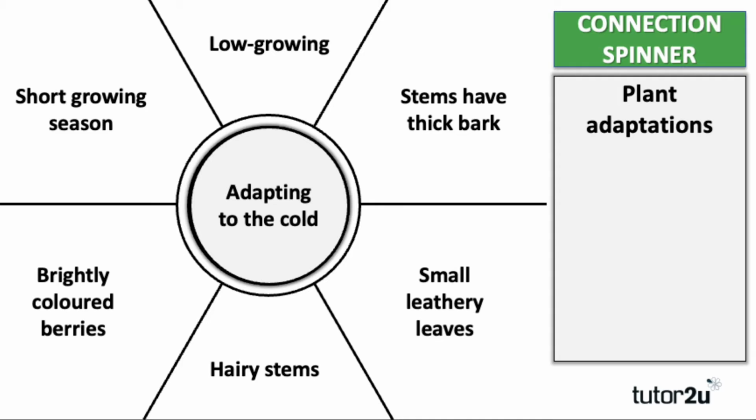What we want to do is send off the spinner. Where it stops, you're going to need to think about how that feature helps the plant adapt to the conditions in the tundra environment. So you might want to pause once it has landed on the right thing to have a think about it. You might want to have a pen and paper with you to make a few notes. Let's have a go.